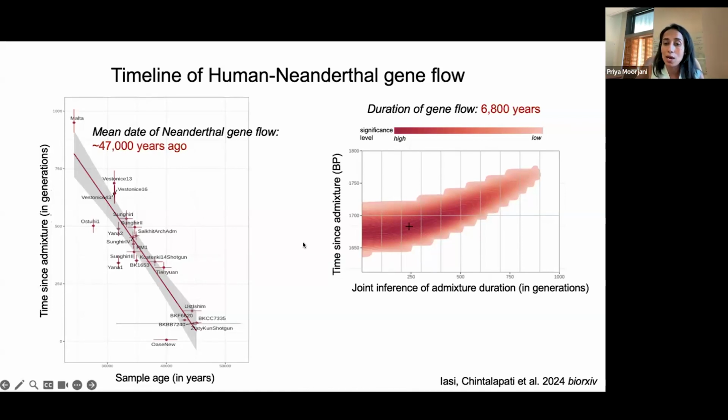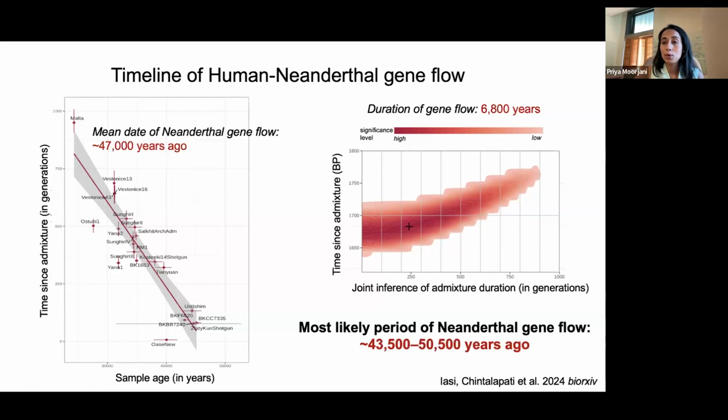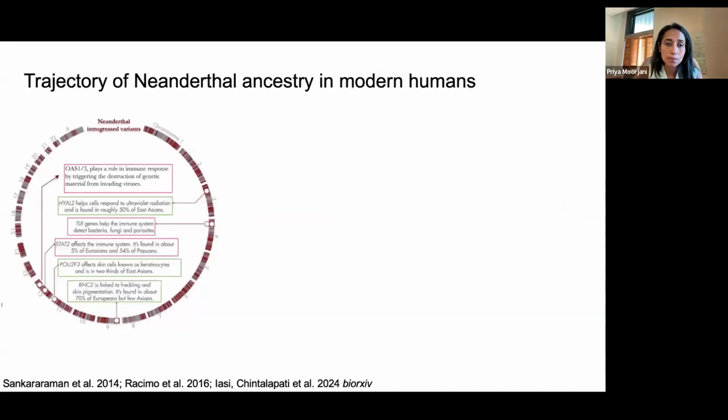And when we do that, we infer that the duration was about 6,800 years. This means that the most likely date for the Neanderthal gene flow was between 43,500 and 50,500 years ago. And this very closely overlaps the evidence that we had seen from the archaeological material.